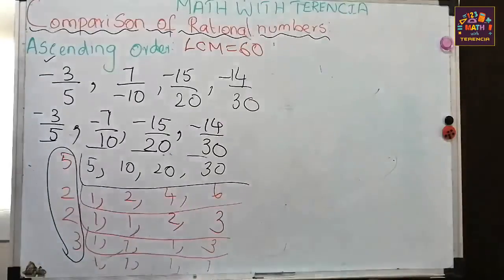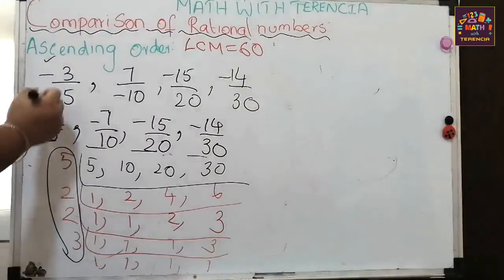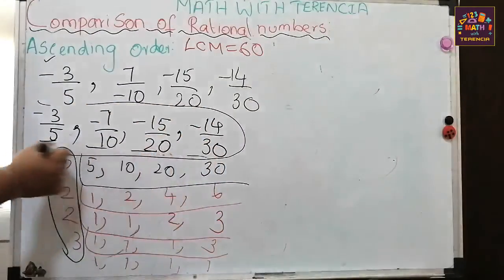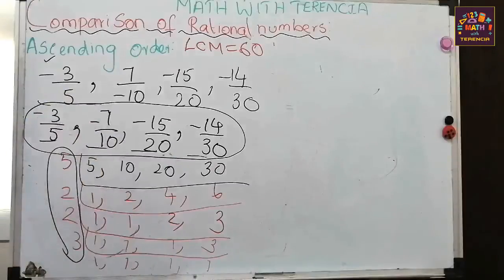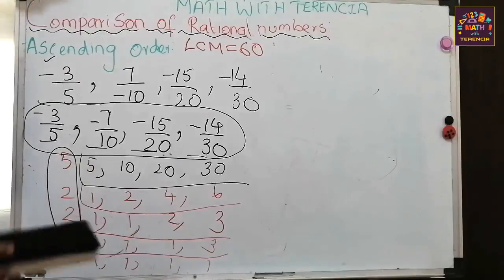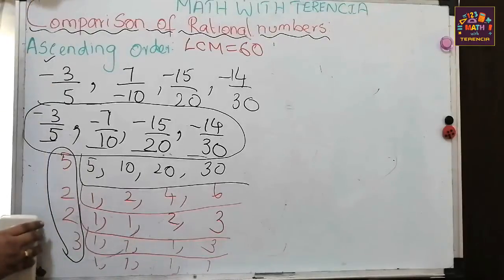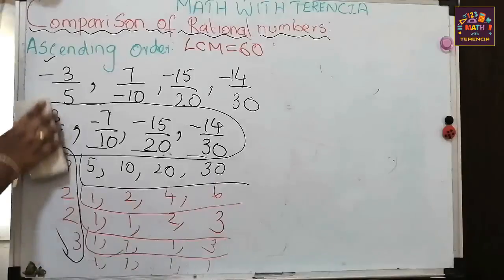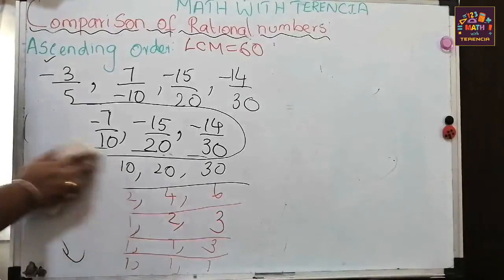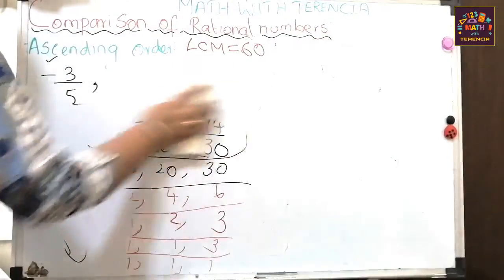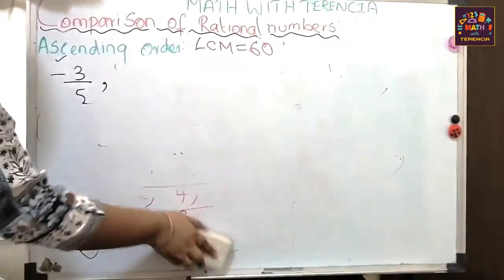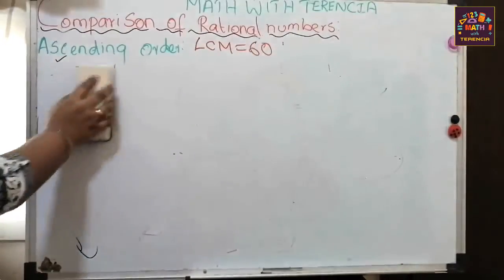So the LCM is 60. Now you need to change all these fractions to the denominator 60. I'm sorry because my board is too small, so I erase everything and then continue with the remaining part.